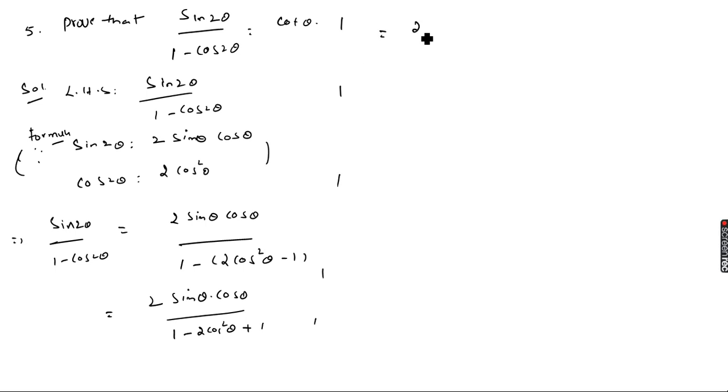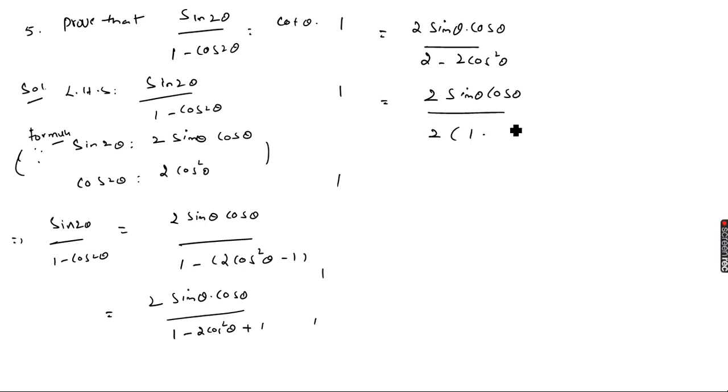So we get 2 sin theta cos theta by 2 minus 2 cos square theta, that is equal to 2 sin theta cos theta by, taking 2 as common, 1 minus cos square theta. So that is equal to 2 into sin theta into cos theta by 2 into 1 minus cos square theta.